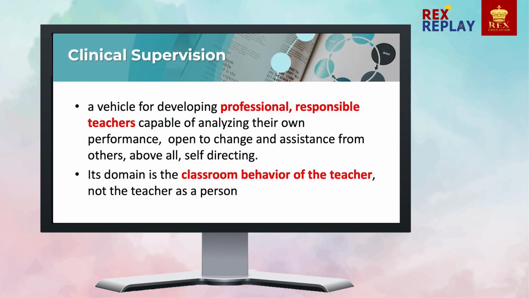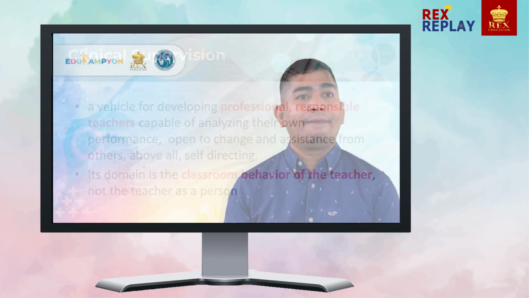Here, you can see that clinical supervision is a vehicle for developing professionals to be responsible teachers who are capable of analyzing their own performance, open to change and assistance from others, and above all self-directing.